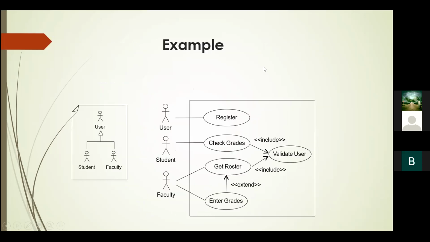So, ito po yung isang simpleng use case diagram. Okay? Wherein meron tayong different types of users. Meron tayong user lang, meron tayong estudyante, and the faculty. So, ang access ng user doon sa software na yun is register. So si student, it can check grades, which includes validate users. Same as the faculty, pwedeng get roster, ibig sabihin ito yung master list, kung ilan yung mga estudyante niya, ito na yung subject na tinuturo niya.